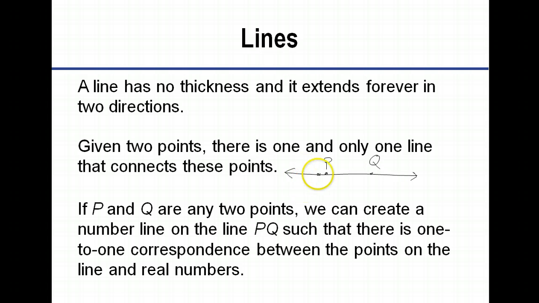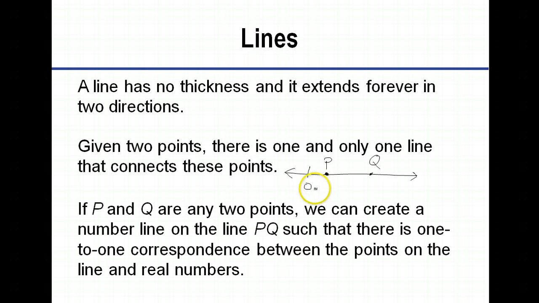So I could put a number line in here so that there would be a one-to-one correspondence between the points on the line and the real numbers. Wherever you decide to locate 0, you could put it over here. It doesn't really matter. But once I do that, there's now a one-to-one correspondence between any point on the line and the real number. So for example, this point P here would coordinate with a number on the real number line. Again, it would depend on where you put the 1.